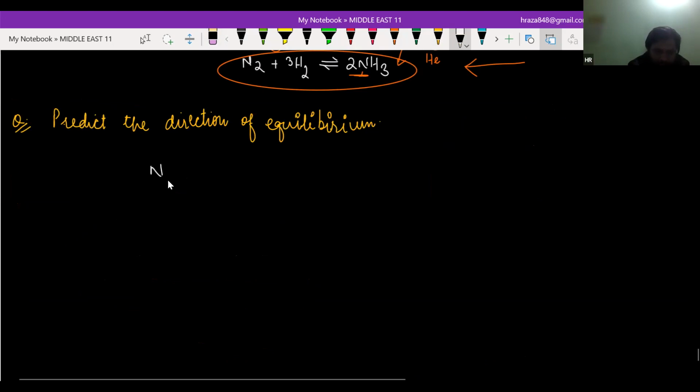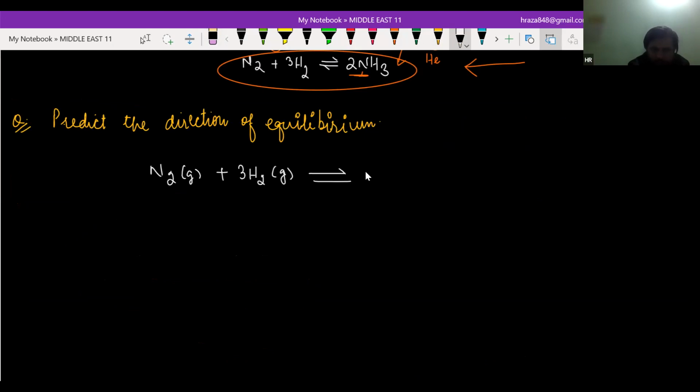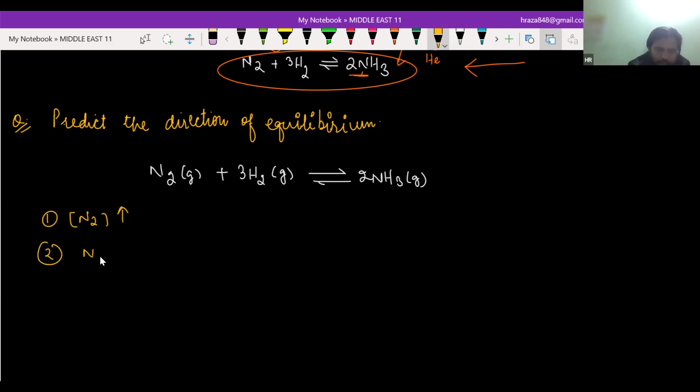In which N2 in gaseous state plus 3H2 in gaseous state will give 2NH3 in gaseous state. The first question is, if we increase the concentration of nitrogen, where will be the direction? Second, if we increase the concentration of NH3, where will be the direction?